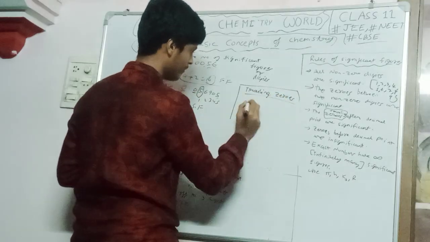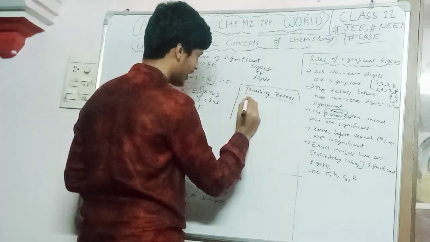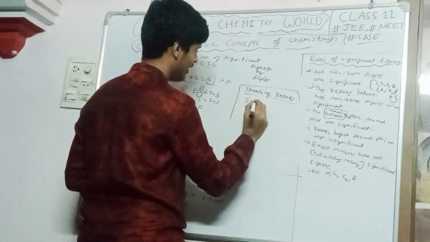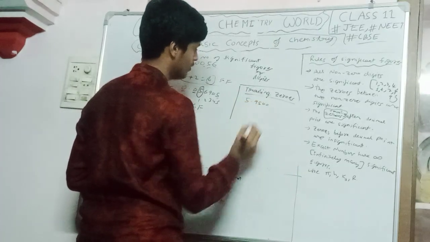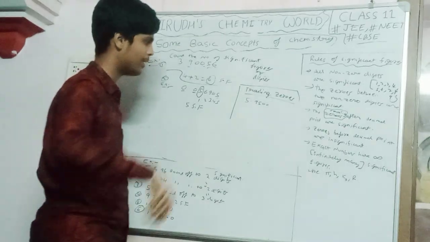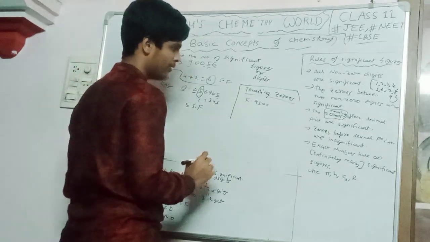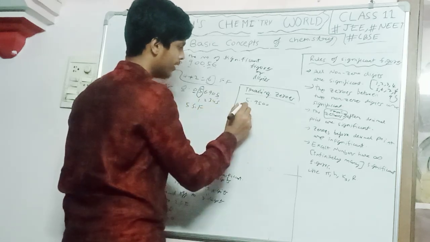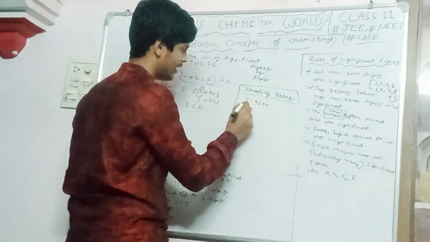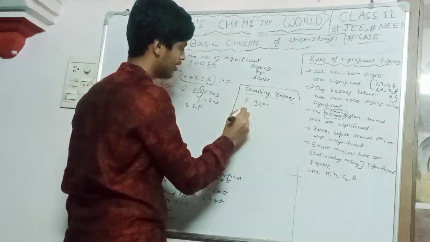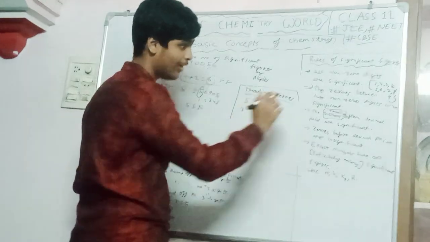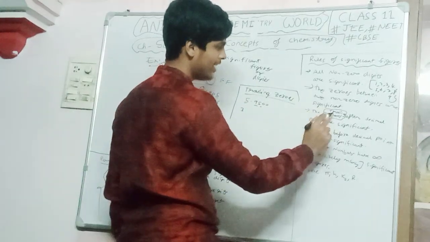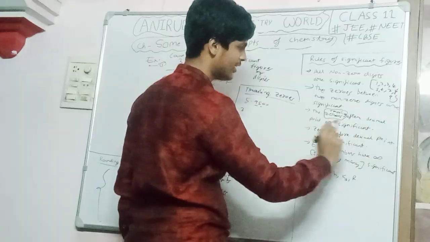Trailing zeros. If you have a number like 3.9500 and I ask how many significant figures are there, first count the non-zero digits. How many are there? 1, 2, 3. 3 non-zero digits are there. And according to this rule, the trailing zeros after the decimal point are significant.